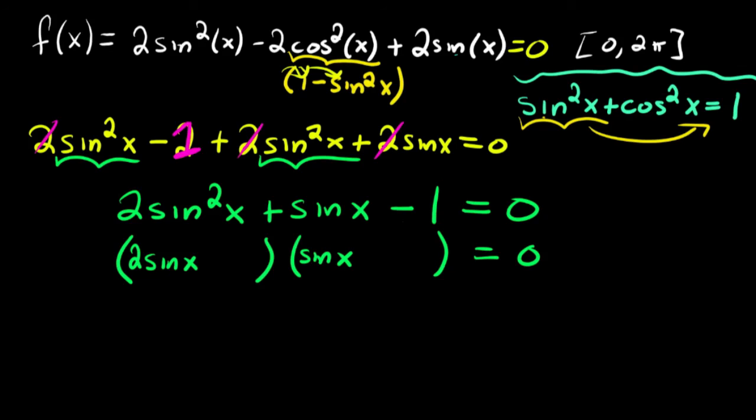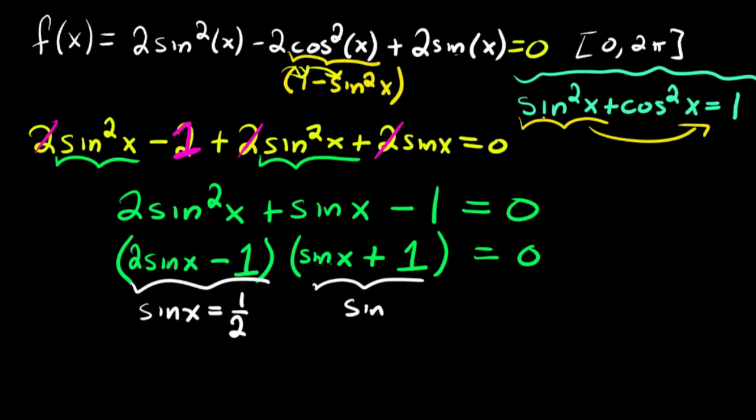And then to get a negative 1, we could do a plus 1 over here and a minus 1 over here. So then when we multiply 2 sine x times 1 and minus 1 times sine x, that would give us the middle sine of x. So then what I'm solving is sine of x equals 1/2 and sine of x equals negative 1.